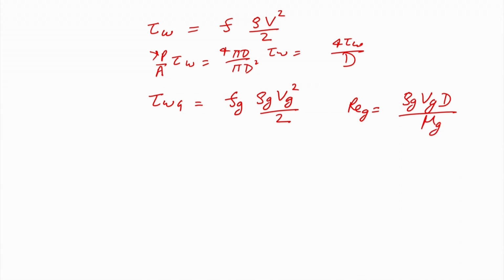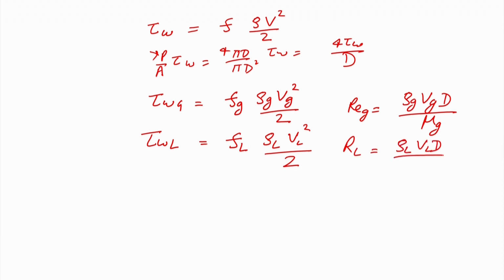Similarly, tau Wl will be based on the liquid. The friction factor is based on the liquid velocity or liquid Reynolds number, times rho L V L square divided by 2, where the Reynolds number of the liquid is rho L V L d upon mu L.